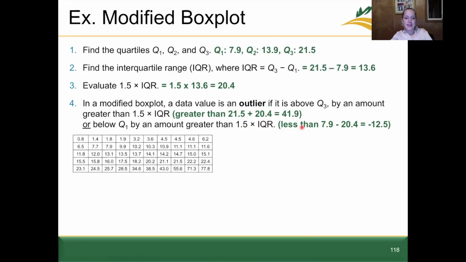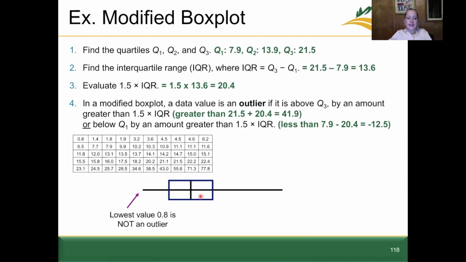Here's our set of data again. We're always going to draw something like this for a modified box plot and for a regular box plot. But here on the left-hand side, we go to the lowest value that's not an outlier. Here, 0.8 is certainly still greater than negative 12.5.